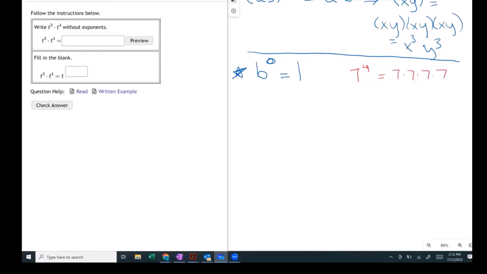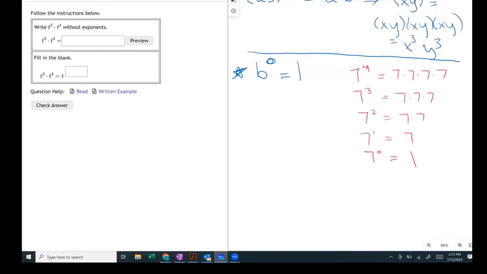I'm going to use my rule for division, and I subtract 1 from this side, and then that gives me 7 times 7 times 7. If I divide both sides by 7 again, I get 7 squared equals 7 times 7. Divide both sides by 7 again, I get 7 to the 1st power equals 7. Divide both sides by 7 again, and I get 1.